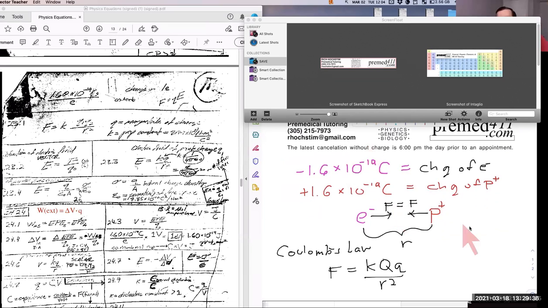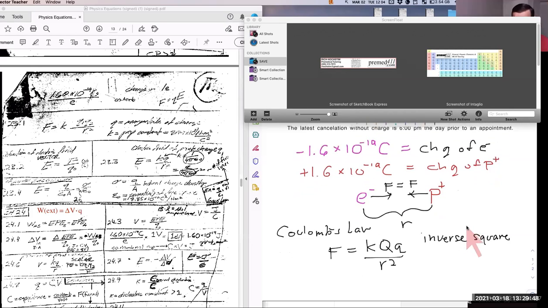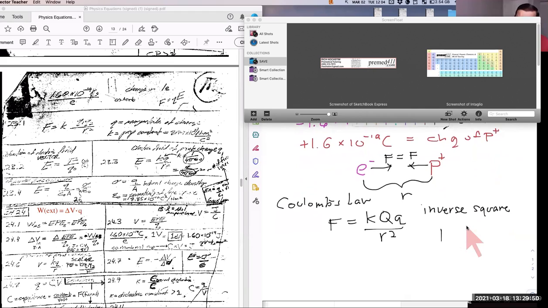They call this an inverse square law. Do you know why? Because one goes up and the other one goes down. Yes, that's the inverse part. And what we're saying is that the force is proportional to 1 over R squared. And that's where the squared part comes in.